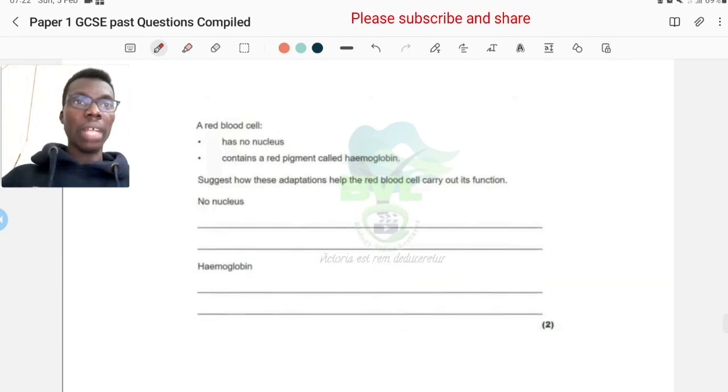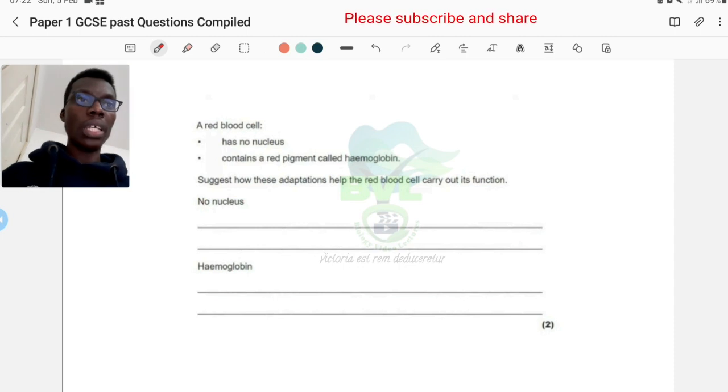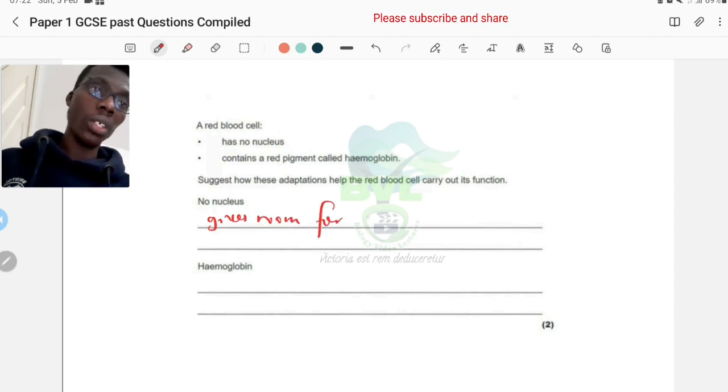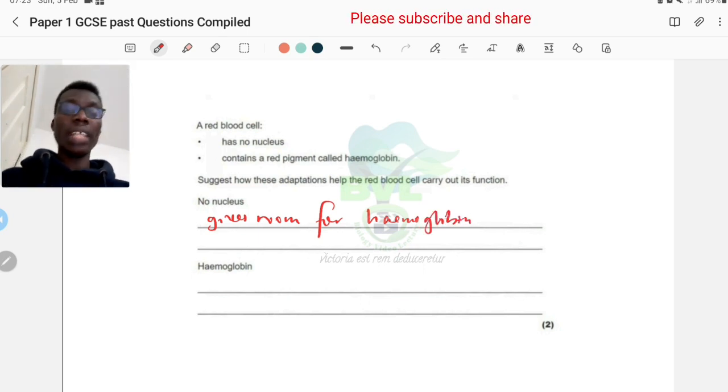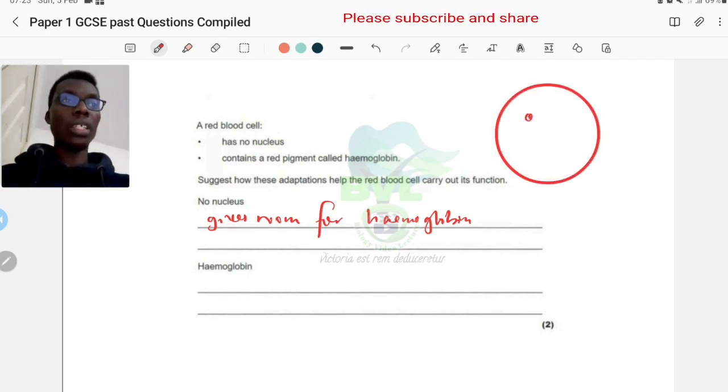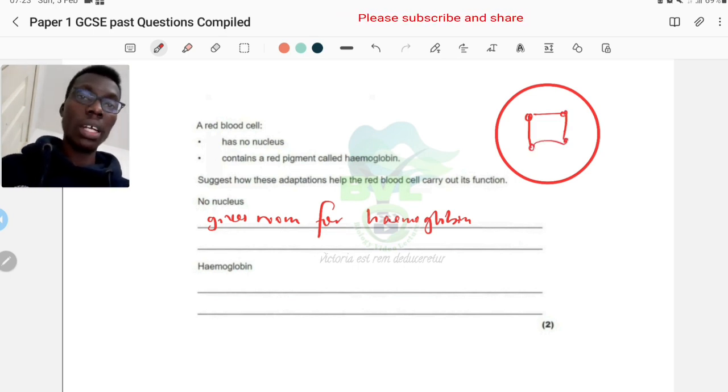A red blood cell has no nucleus and contains a red pigment called hemoglobin. Suggest how these adaptations help the red blood cell carry out its function. The absence of the nucleus makes it possible for us to have hemoglobin within the red blood cell.